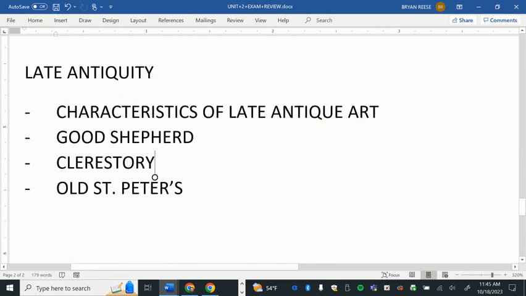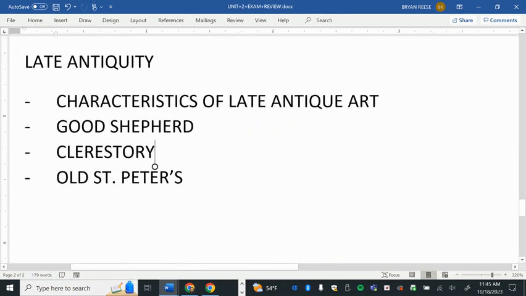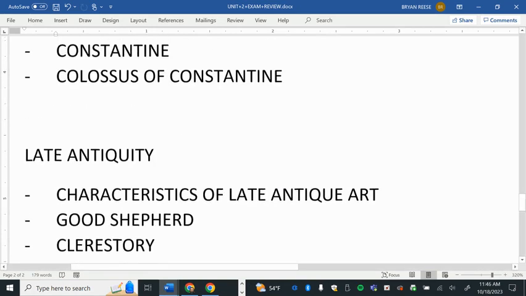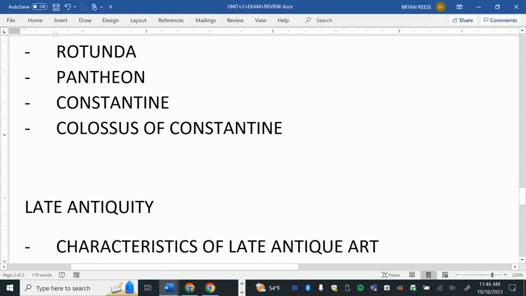And then finally, late antiquity. We didn't spend much time on late antiquity. So, the characteristics of late antique art is that it is iconic, it's abstract, it's stoic, like the figures don't move freely.